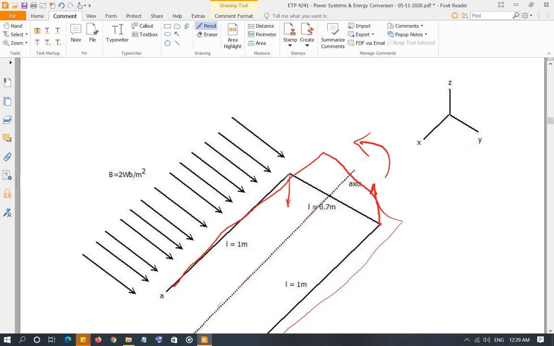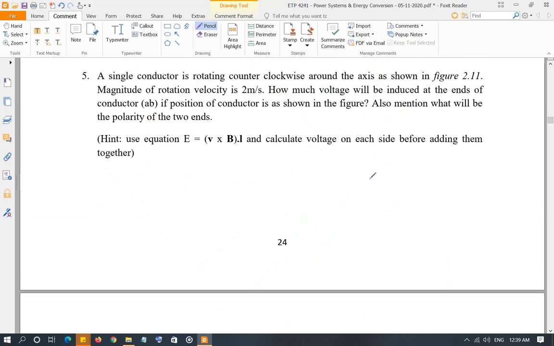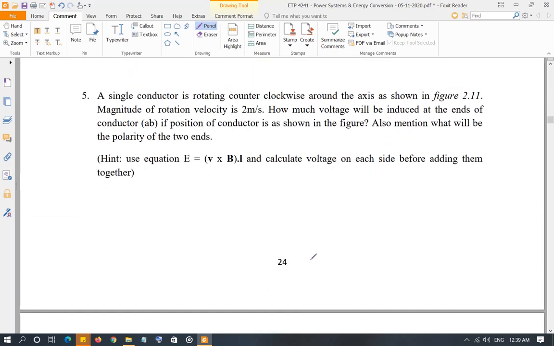So B is in the y direction, and this is your coil. From B to C is along the x-axis, then CD is along the y-axis, and then DA is along the x-axis again. The question I'm asking is, how much voltage will be induced at that instant of time?